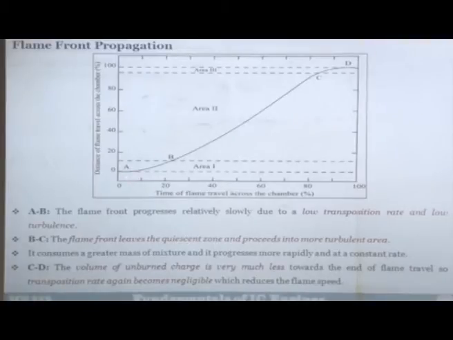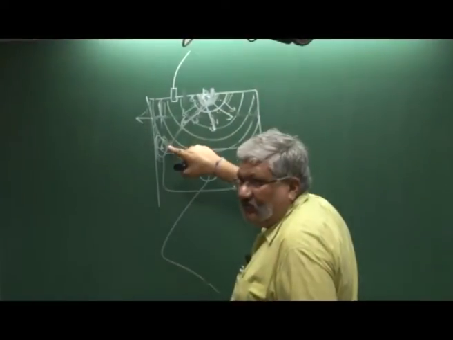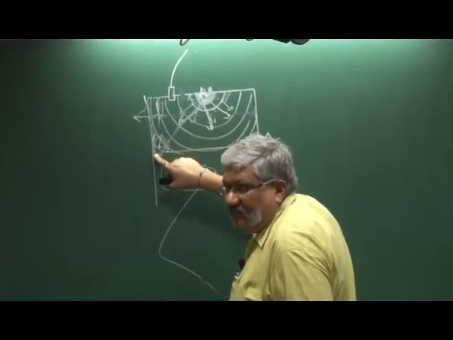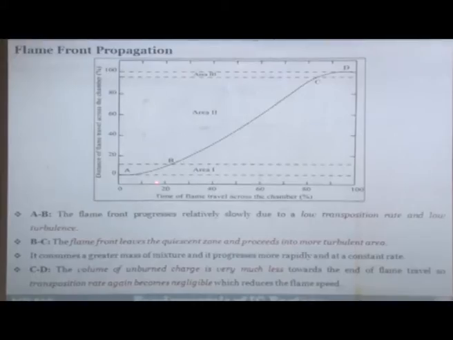That means it will take a very long time, but the distance travelled will be very small, and then you have fast travel. Okay. So, flames will initially be very slow, they will take a long time to travel a small distance, then once they pick up momentum they will travel very fast up to this point, and then again they will become very slow in the third phase. This is shown here very clearly: from point A to point B, it is the first stage.